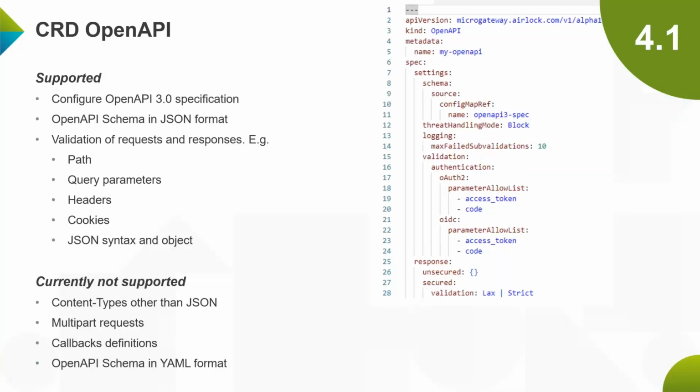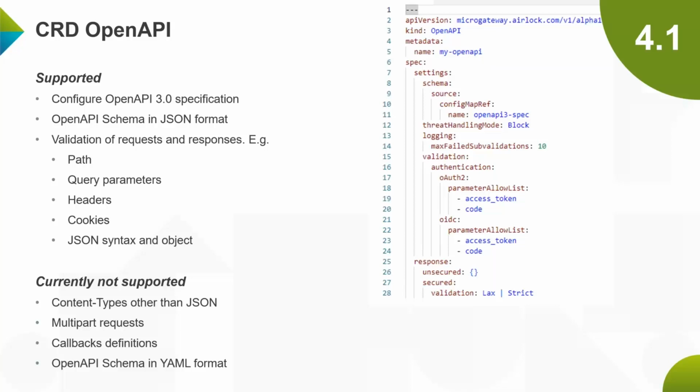OpenAPI specification enforcement. For those of you who know it, this feature from the gateway, this is the configuration in Microgateway with the same functionality. It is possible to configure a JSON schema, an OpenAPI schema in JSON format, and to validate requests and responses.